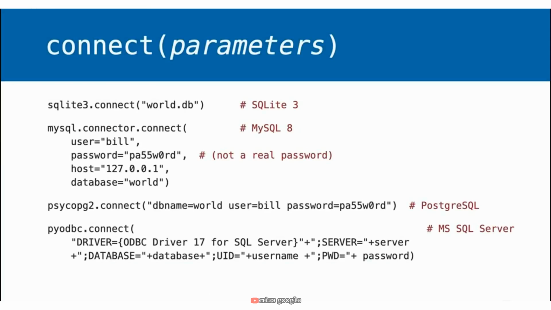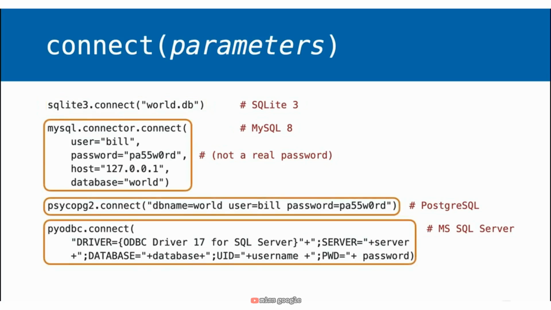Each DBMS has its own implementation, which may include different connection details. SQLite requires only a file name as the database is entirely contained in one file. Client-server databases require more connection information and usually some security credentials.